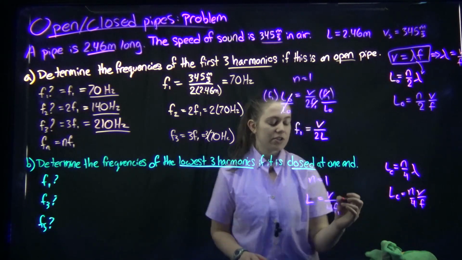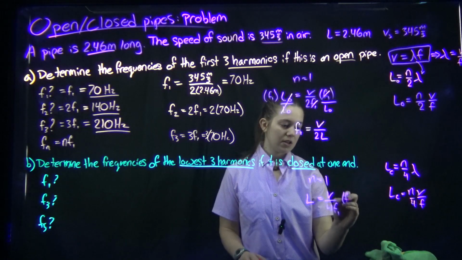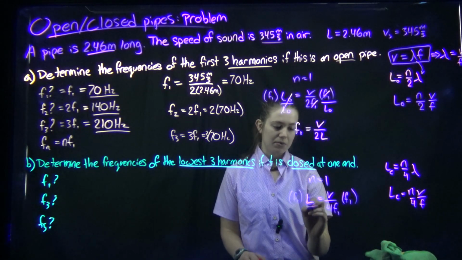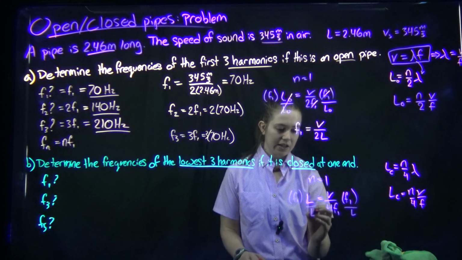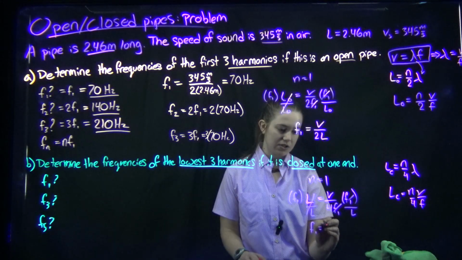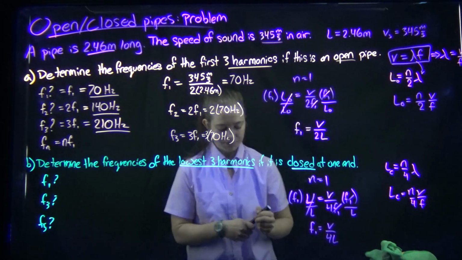If we rearrange this to solve for F1, multiply both sides by F1, divide both sides by L, we will have F1 is equal to V over 4L.